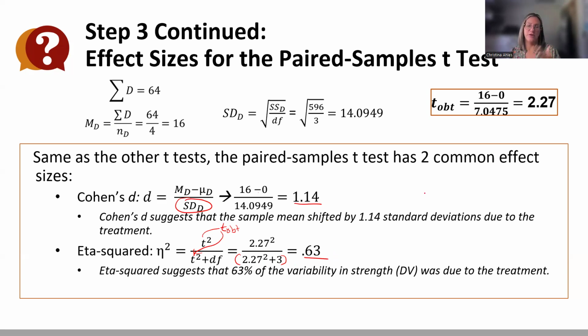Now, when you are testing a hypothesis on the exam, you only need to calculate one of these, just one, and report one. You should know what both of these mean for the multiple choice questions, but you really only need to calculate one and report one. I always suggest calculating Cohen's d for any of the t-tests for one reason alone.